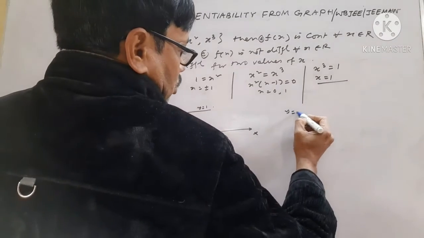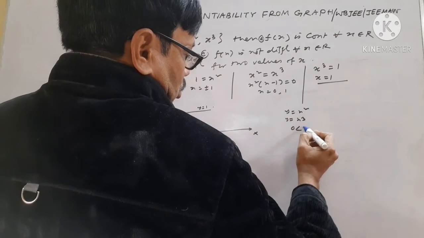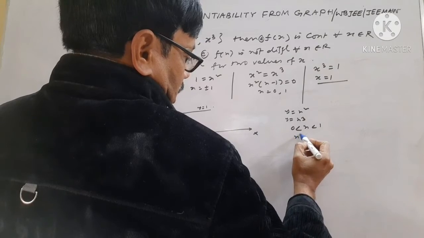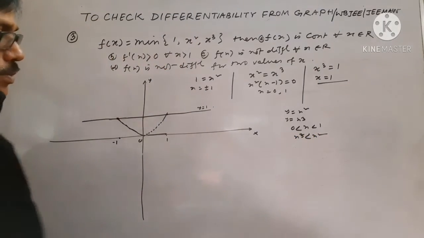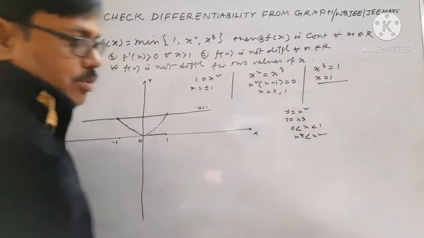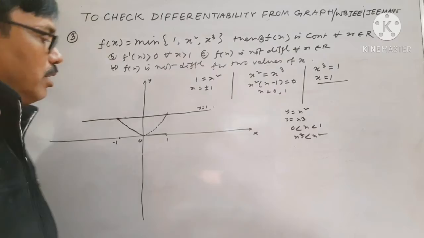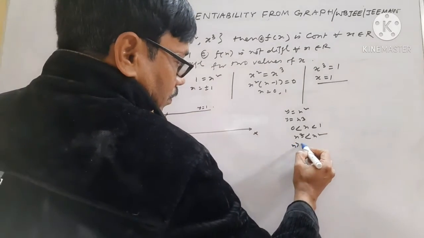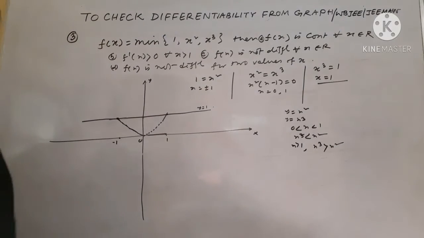Now y equals to x square and y equals to x cube. In 0 to 1, x cube is less than x square. We know if the value lies between 0 to 1, then the value of x cube is less than x square. And for greater than 1, x cube is greater than x square.